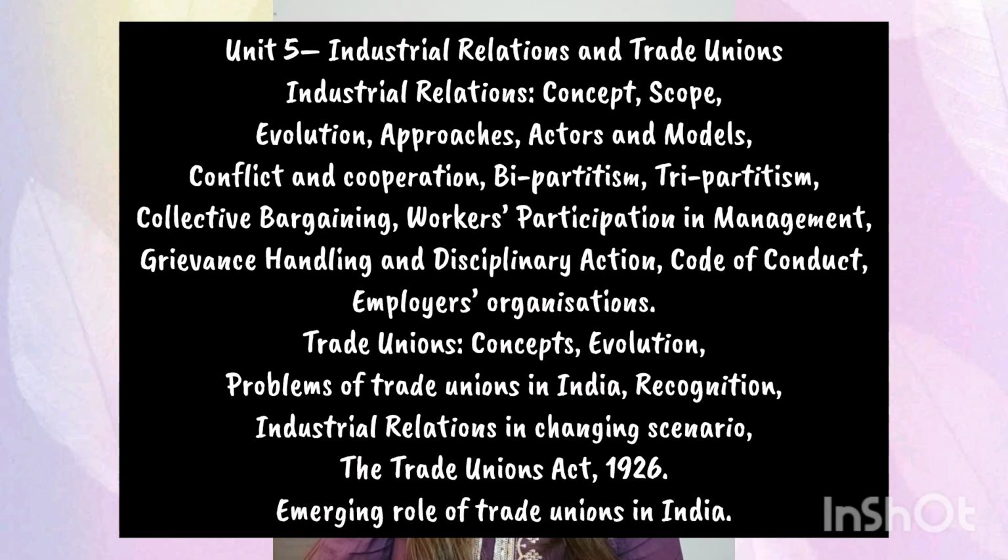So industrial relations concept, scope, evolution, approaches, actors and models, conflict and cooperation, bipartisanism, tripartism, collective bargaining, workers' participation in management, grievance handling and disciplinary action, code of conduct, employers' organizations, trade unions, concept evolution, problems of trade unions in India, recognition of trade union, industrial relations in changing scenario, Trade Union Act 1926, emerging role of trade unions in India. So these all come under unit 5.